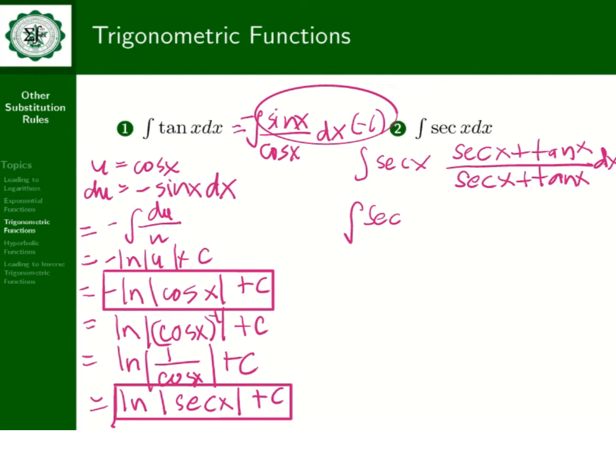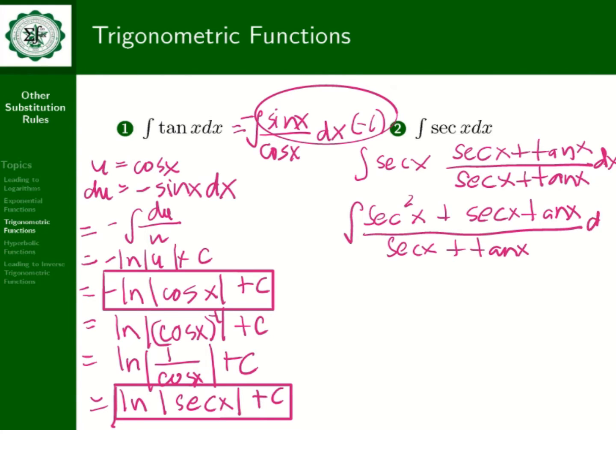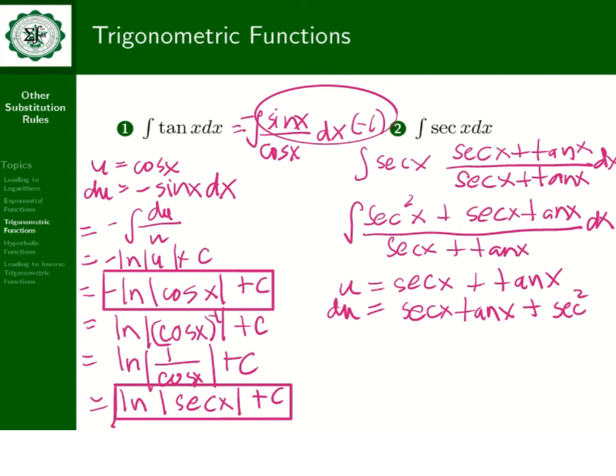We have secant squared x plus secant x tangent x all over secant of x plus tangent of x dx. Now, we let u be the denominator, secant of x plus tangent of x, and that du is, the derivative of secant of x is secant x tangent x, while the derivative of tangent x is secant squared x, and then we put here dx.